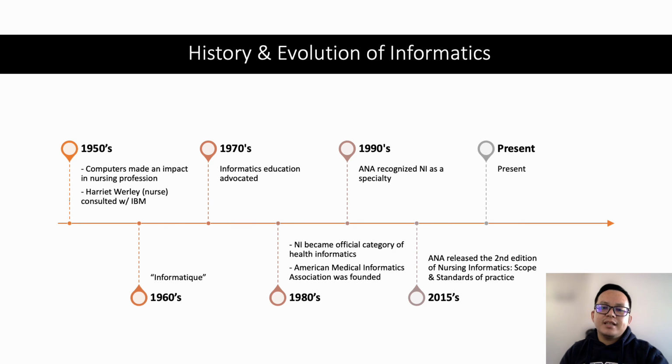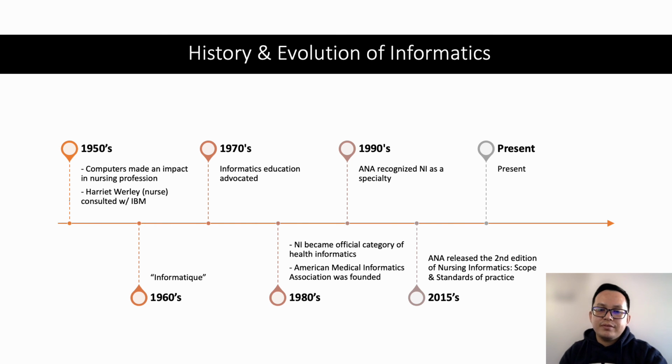In the 1990s, the American Medical Informatics Association was founded with a work group, and the American Nurses Association recognized nursing informatics as a specialty. A combined scope and standards document was released by ANA, followed by a more comprehensive scope and standards published in 2008.